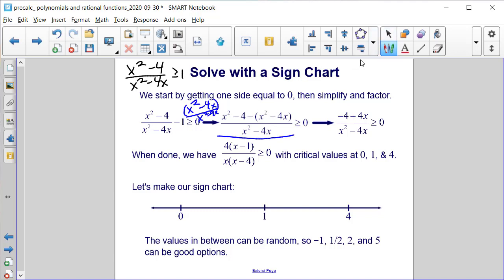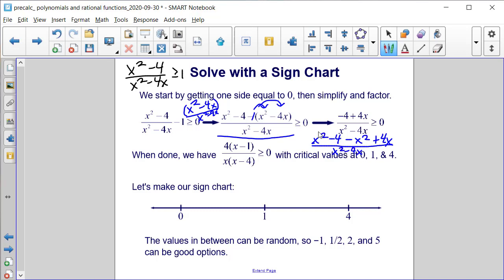Then if we distribute the negative 1 that's outside of the parentheses into both terms, we end up with x squared minus 4 minus x squared plus 4x. Make sure that when you distribute this negative 1 through, the sign changes there. And then all over the denominator x squared minus 4x.